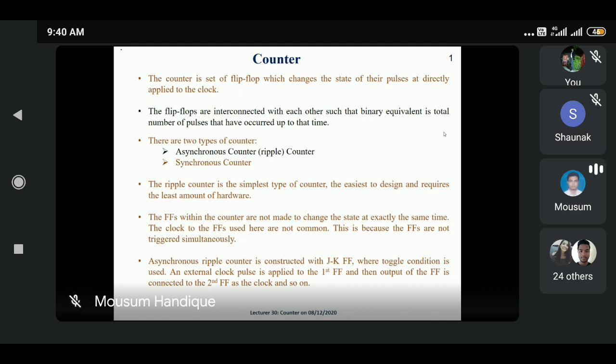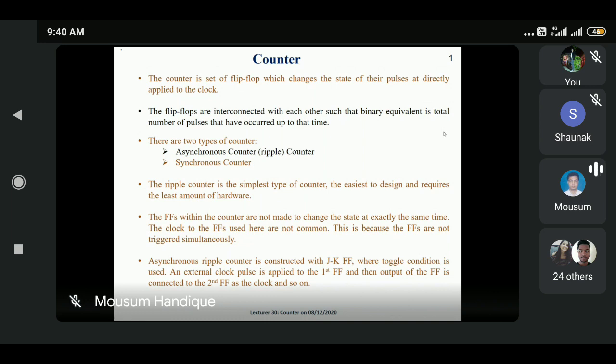When we apply the clock signal, we move from one state to another in a meaningful way. The flip-flops are interconnected with each other such that the binary equivalent is the total number of pulses that have occurred up to that time.